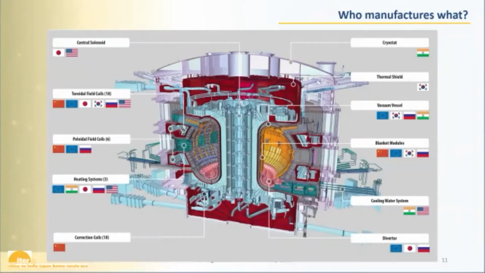As I already mentioned, the vacuum vessel is partly built by Korea and partly in Italy, by ASG and SIMIC. And the cryostat is a complete Indian procurement. As I said, the central solenoid magnet comes from the United States.